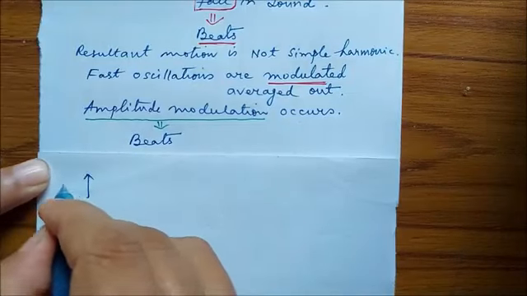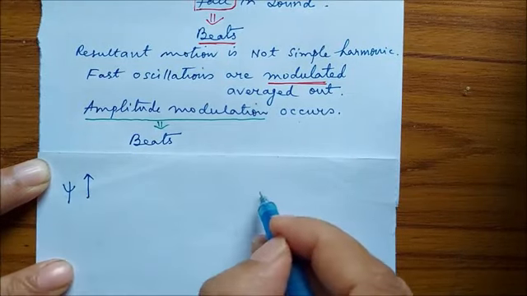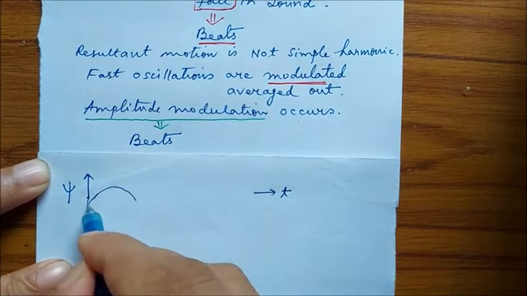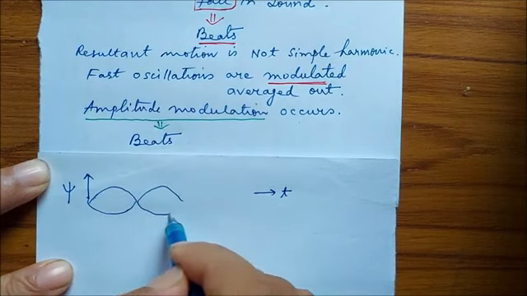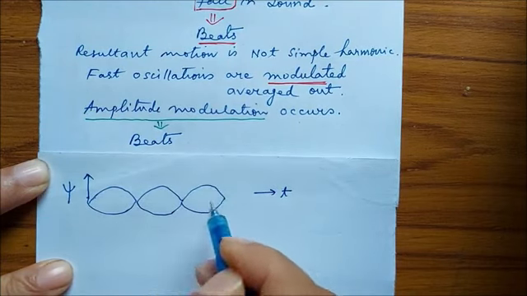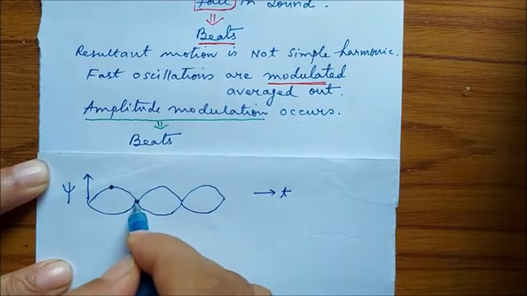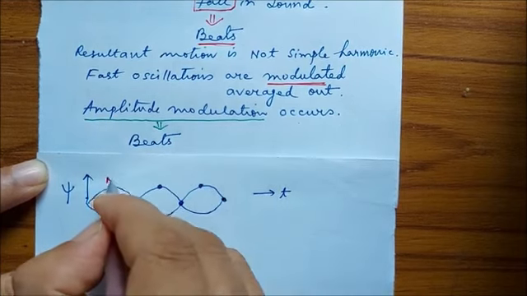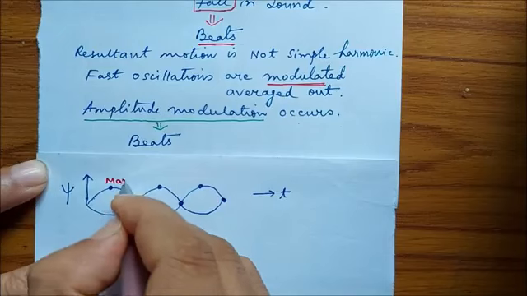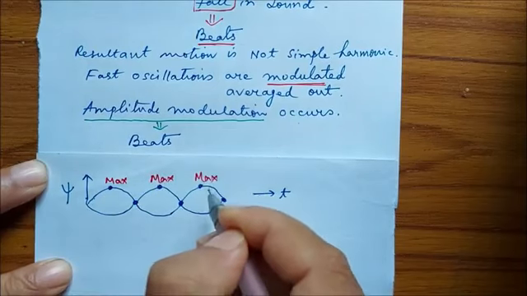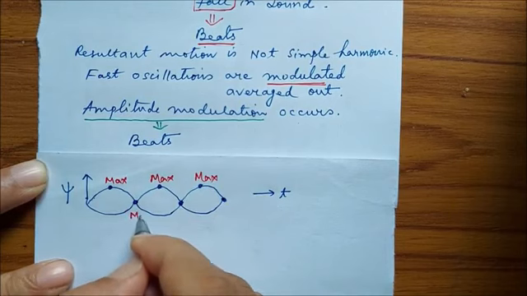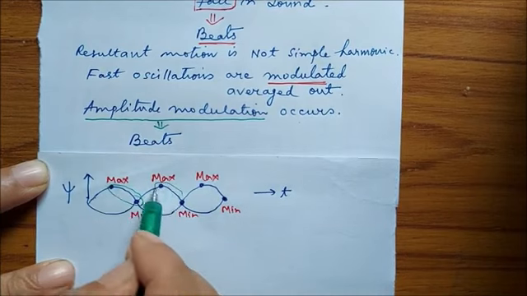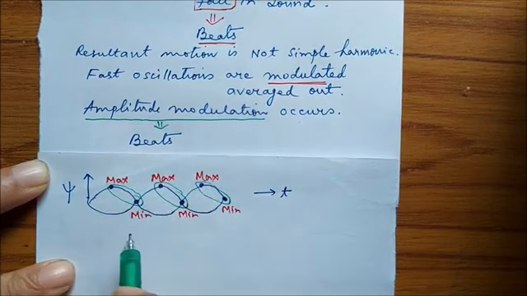So if the resultant wave is along y-axis and this is the time axis, then this is maxima, minima, and so on. So these are maxima, and these are minima, and this is one beat, this is the following beat, and it goes on like that.